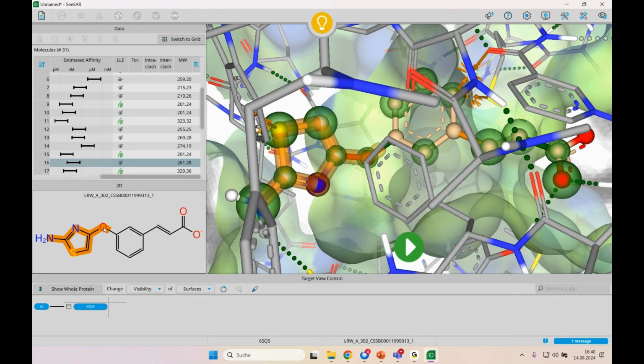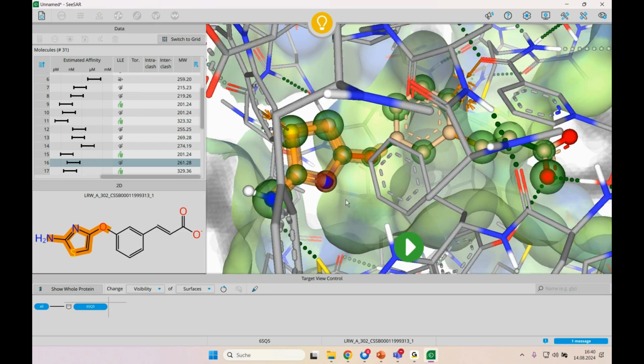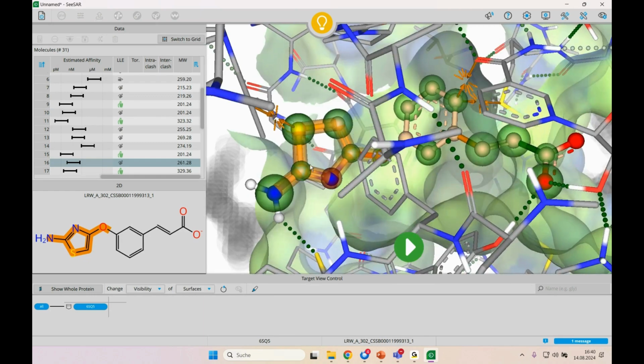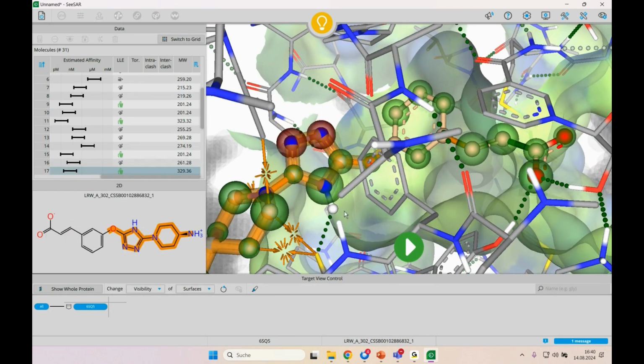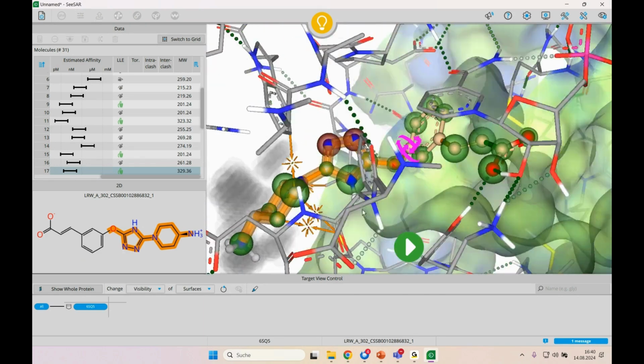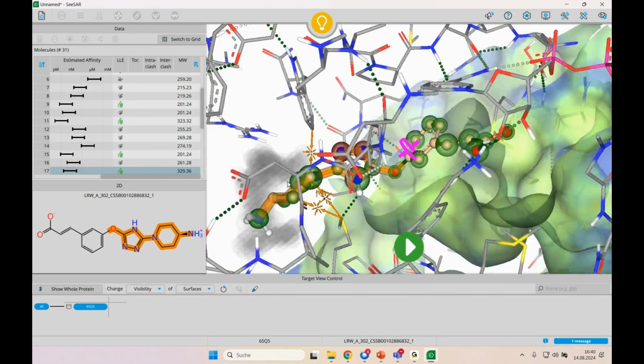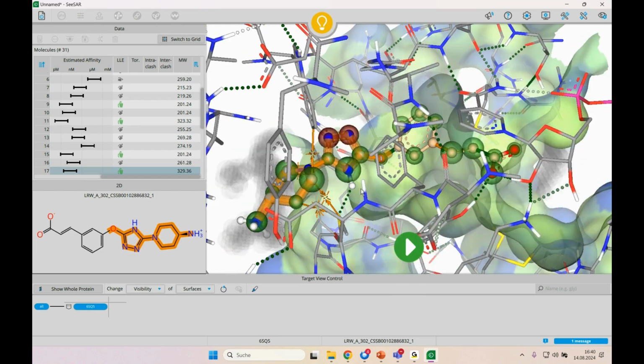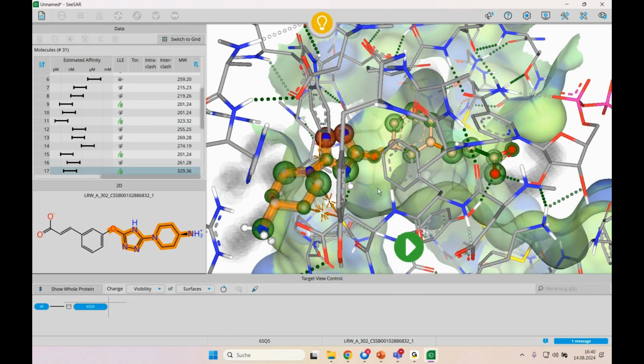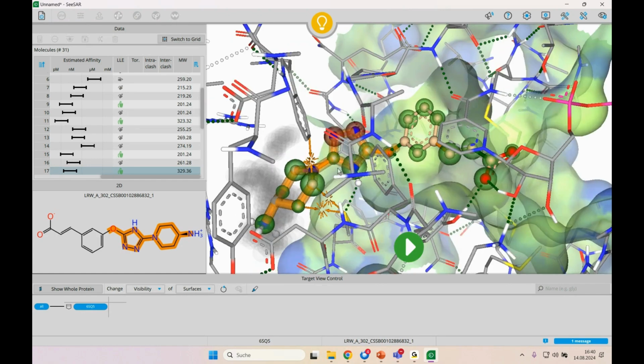I would suggest if you would like to have the linker also contribute to the binding affinity, it's sulfur here. And the 5-membered ring system seems to fit there at least somewhat-ish. There's a lot of space. Clashes though, here and there, but there will be also better solutions. Okay, so all in all, a very nice growing extension here.